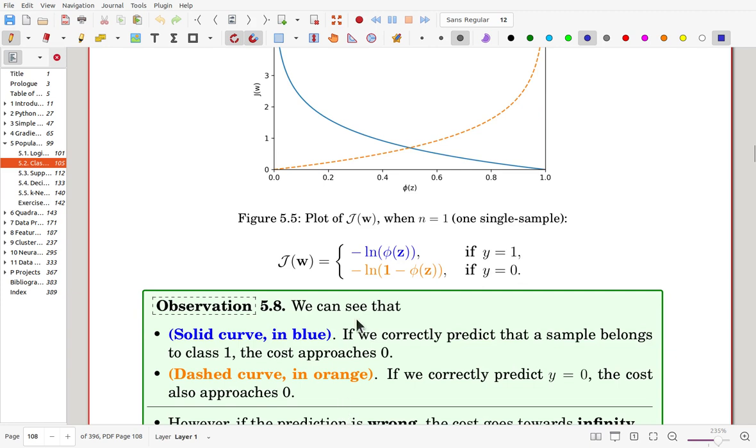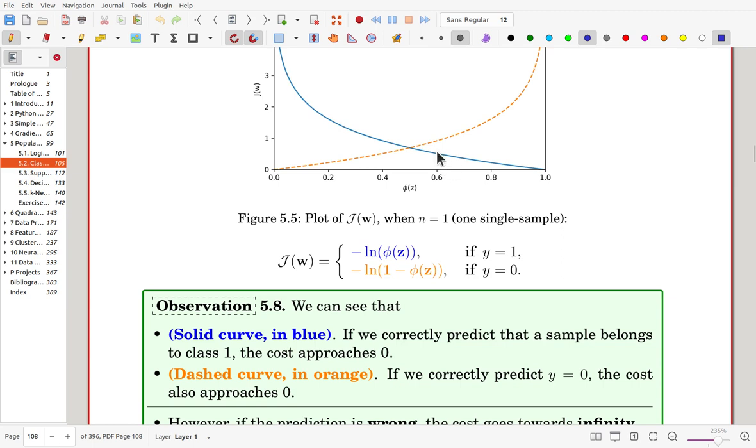If we focus on the solid blue curve, once it is a wrong classification, like when the probability is around 0, then the objective function value is very large, so that it pushes w so that the probability will go up.